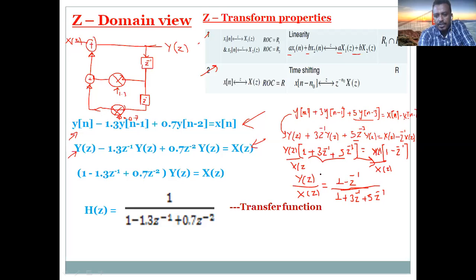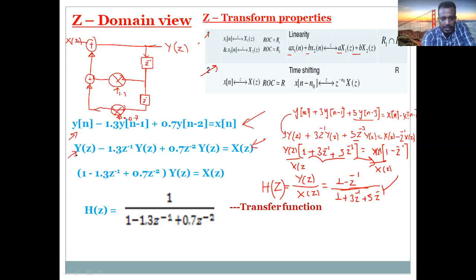So what is this function? Once you transform your system into z domain, and you write y of z divided by x of z, output in z domain divided by input in z domain, we call it h of z. The transfer function, the system equation of this system, is this one.